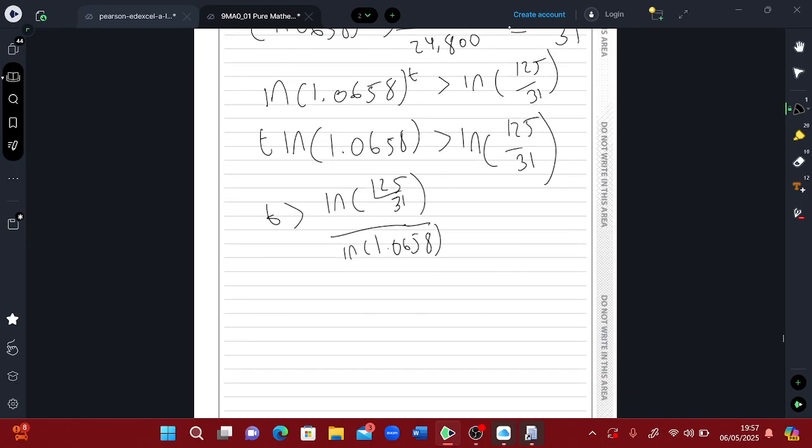Cool, and that's it. So what number does this give you? t has to be greater than ln of 125 over 31 over ln of 1.0658.